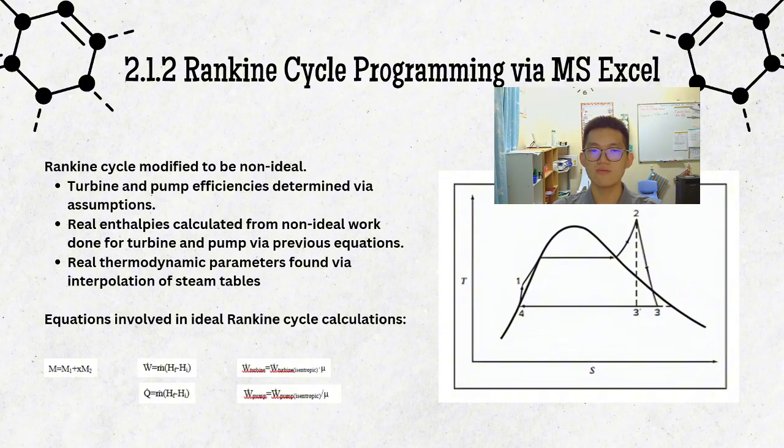As for the ideal Rankine cycle calculations, the work done for turbine is calculated through multiplication of the isentropic work done for turbine with the efficiency of the turbine. Moreover, the actual work done for the pump is calculated via division of the isentropic work done of the pump with the efficiency of the pump itself.